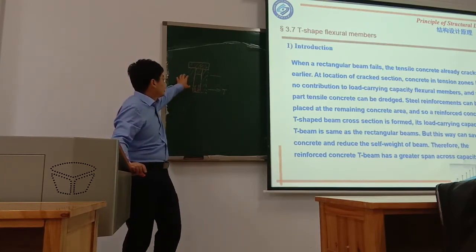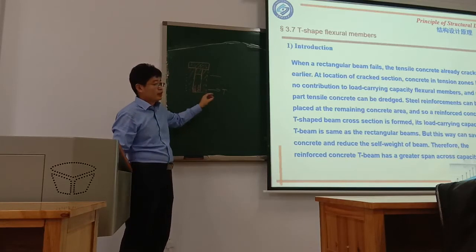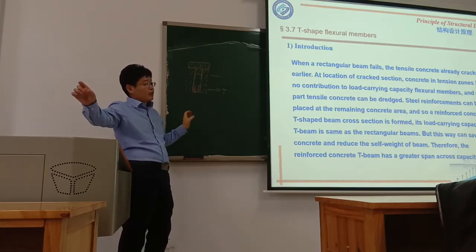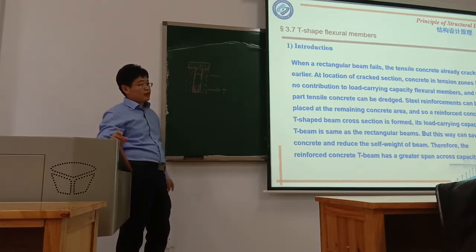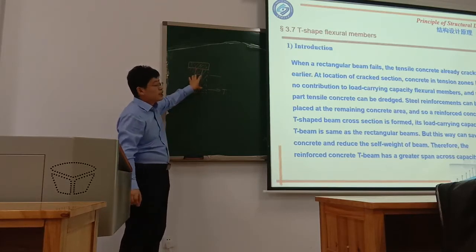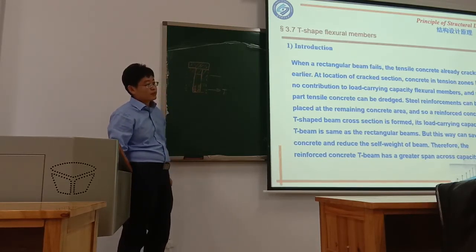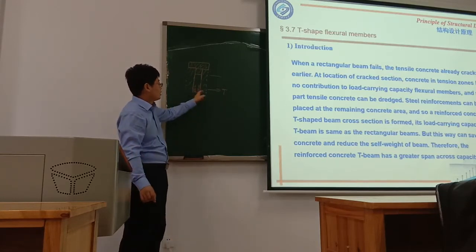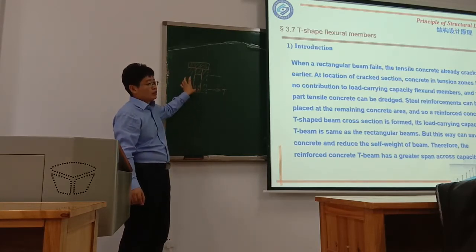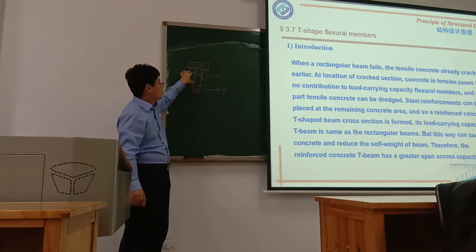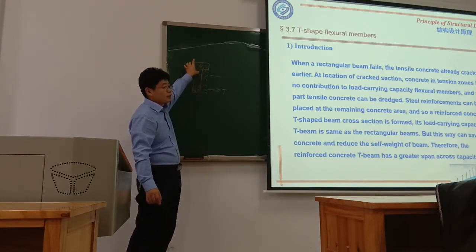If self-weight was reduced greatly, of course the span can be made longer. So that's why the T-shape beam comes from the rectangular shape. That's based on this load distribution, tensile force and compression force.